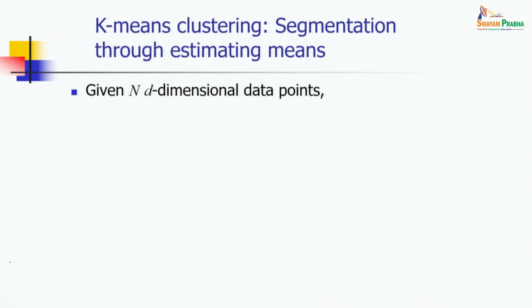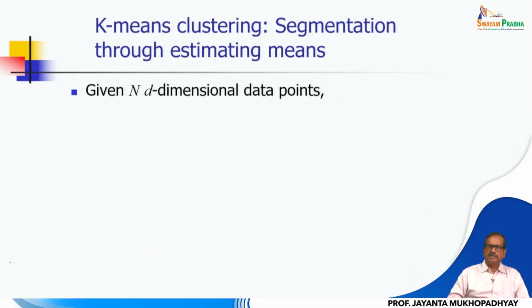Today, we will discuss a very popular algorithm which is called k-means clustering, which has a more generic objective of clustering data points, and of segmentation of image points or the feature space in the domain of the image.